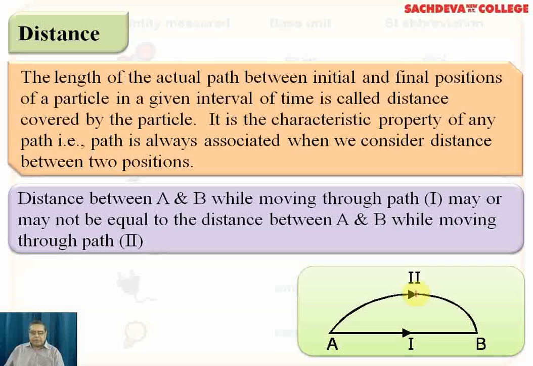So the body is moving from A to B, and it is not necessary that the path is the same. The body can move in a curve or in a straight line. So distance is the length between the two fixed points that can be traced by the particle either in a straight line or in the form of a curve.